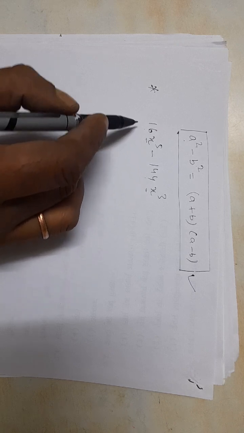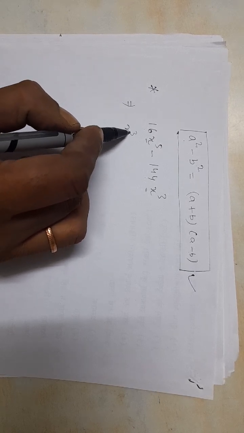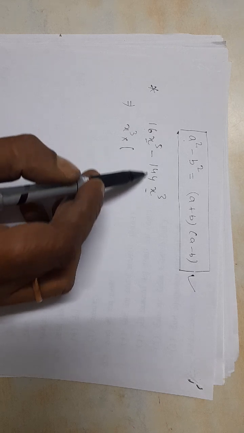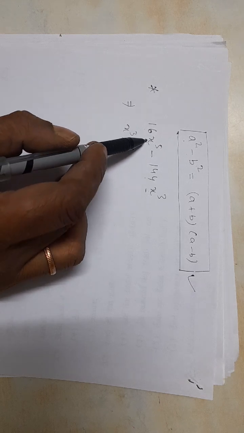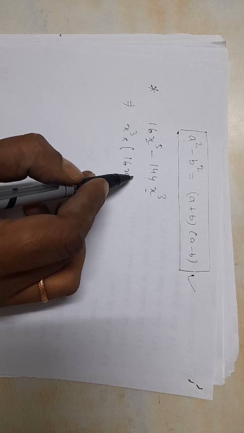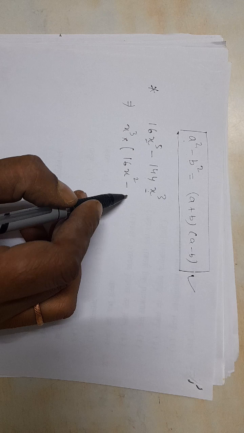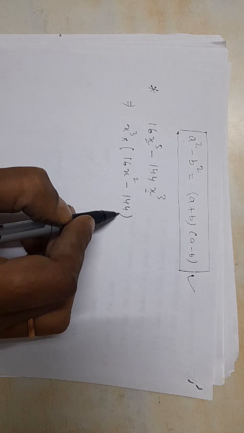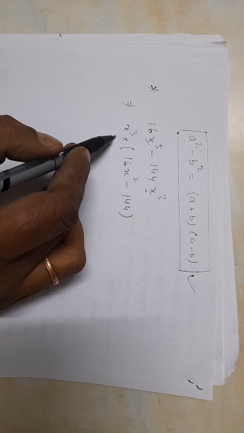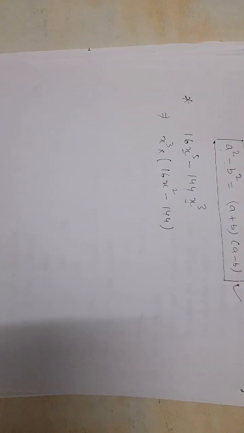So before we apply the identity, we can take x to the power of 3 common. The remaining part you keep in the bracket, that is 16x square minus 144 only, because x to the power of 3 is common in both.